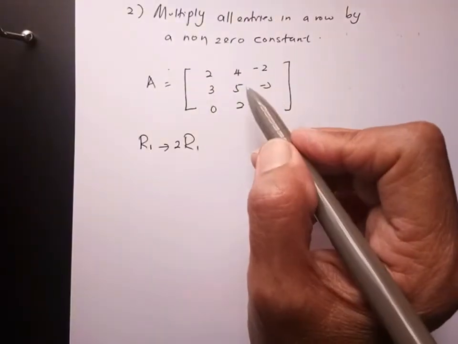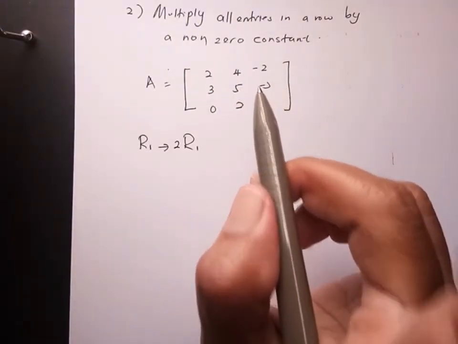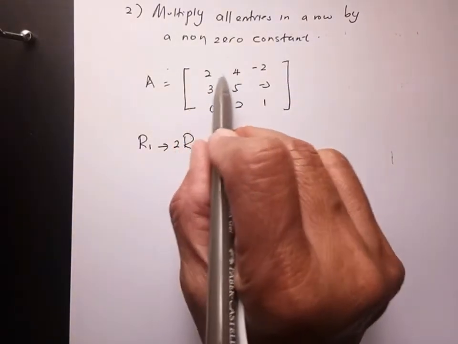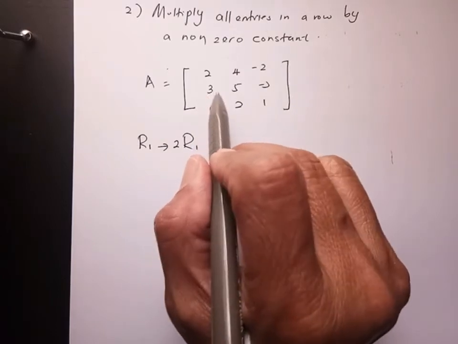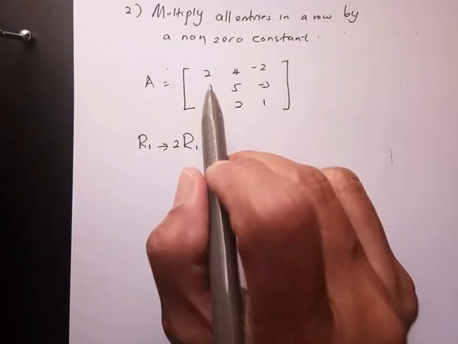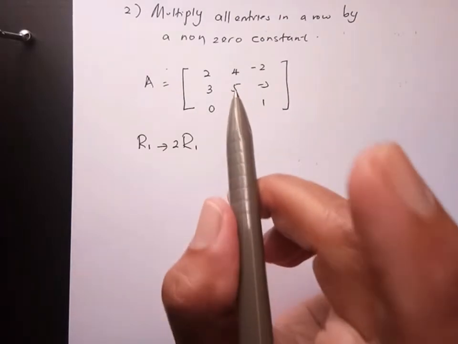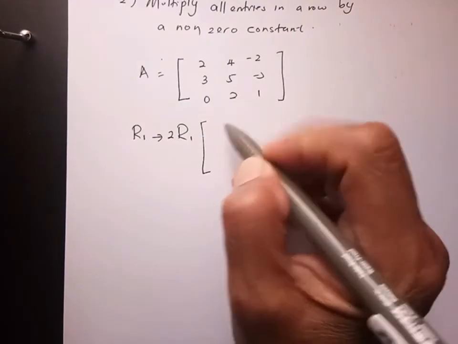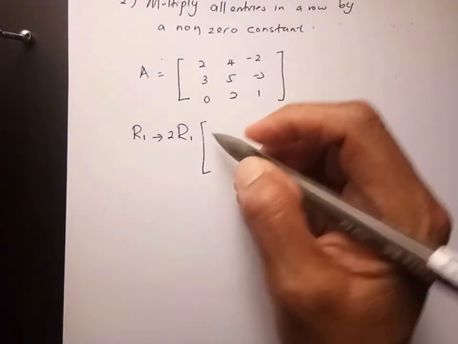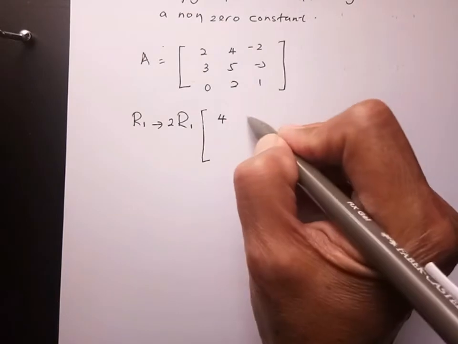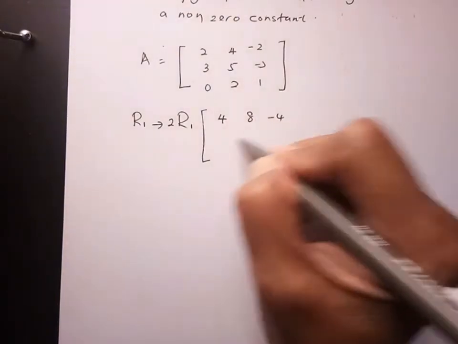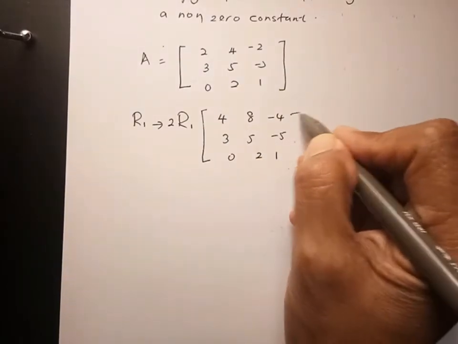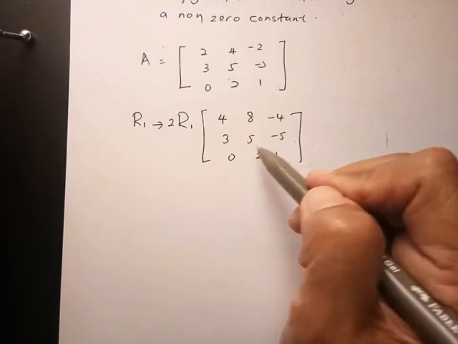Each operation must only be performed one at a time. It is not possible to multiply row 1 by 2 and then multiply row 2 by 4. That is not possible. It should be one operation at one time. So here we have 4, 8, minus 4, 3, 5, minus 5, 0, 2, and 1. Okay, so this matrix A is equivalent to this matrix.